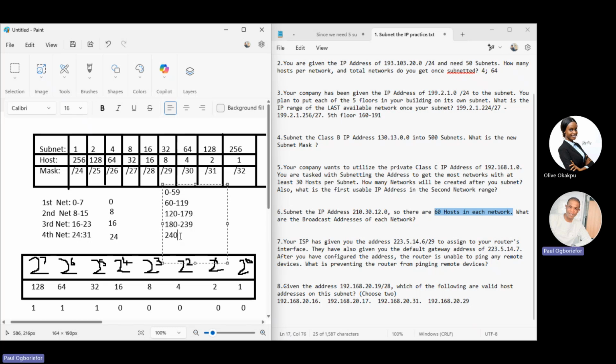I think when my mentor was teaching me this, he said the broadcast will always be an odd number, which is the range. It will always end at an odd number. It is a must. That is when you know that you are doing something wrong, if it does not end at an odd number.